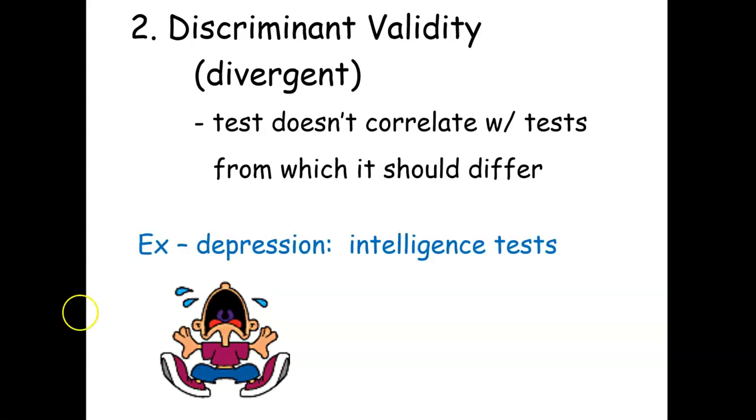So for depression, scores on your depression scale should have no correlation whatsoever with intelligence tests because depression and intelligence are not related. So that's one way to think about it. Introversion, extroversion. Depression is not related to introversion, extroversion. But if your test ends up being related to intelligence or introversion and extroversion, then your test might not be measuring depression.